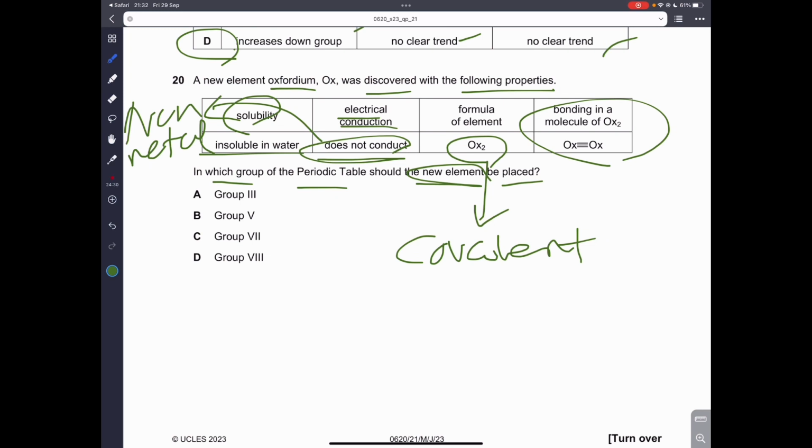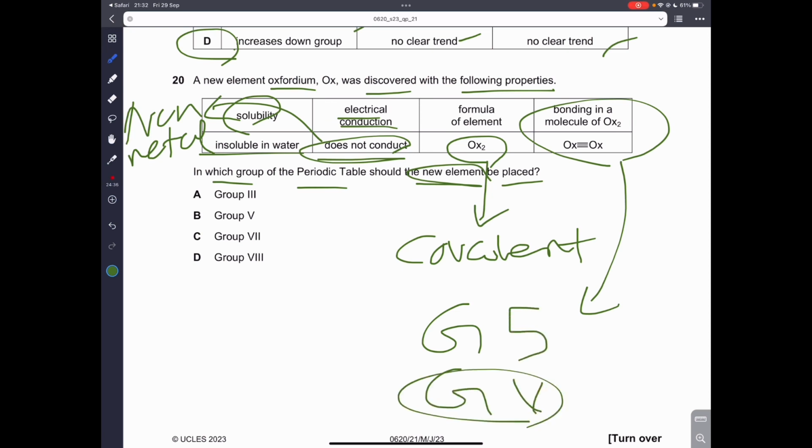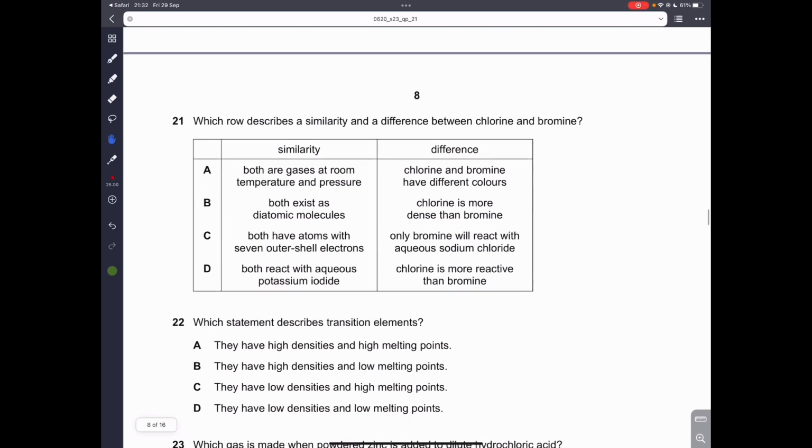A triple bond means it has to be in group 5 or group V. This is because, remember, nitrogen also has a triple bond between the atoms, and it has 5 electrons in its outer shell, and 3 pairs of electrons are being shared between the atoms. Now this OX, oxfordium, is also similar to nitrogen, so we can say it is in group 5, so B is most likely the correct answer.